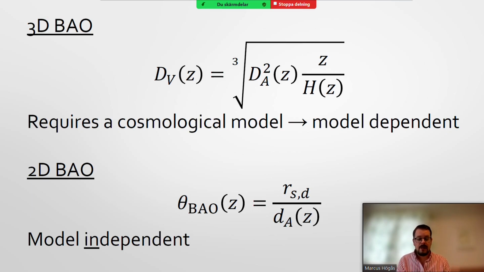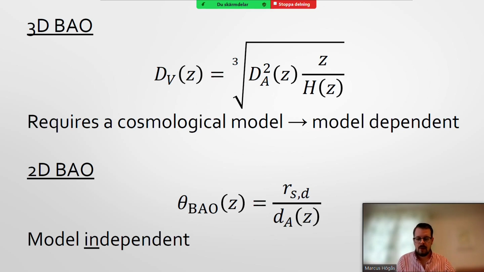So it means that this data is model independent. And the price you have to pay for this is an increased error budget, with the error increasing from roughly 1% in ordinary 3D BAO data to roughly 10% in 2D BAO.